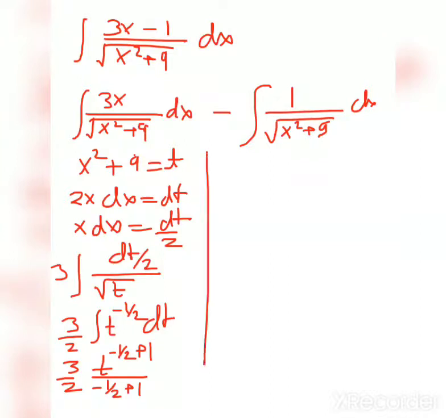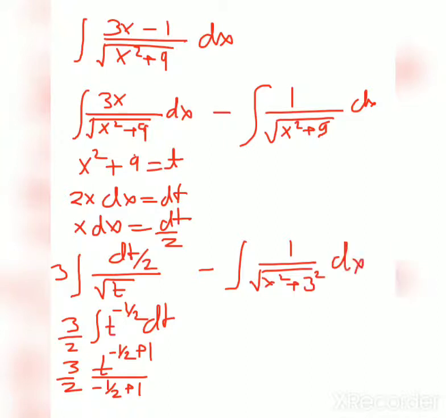Second part, I have made the line because that is another. If I'm not making it, then also I don't have any problem. See, it will become integral 1 upon under root x square plus 3 square. I thought I need to suppose, that's why I was making the line. Now it is 1 upon under root x square plus a square.